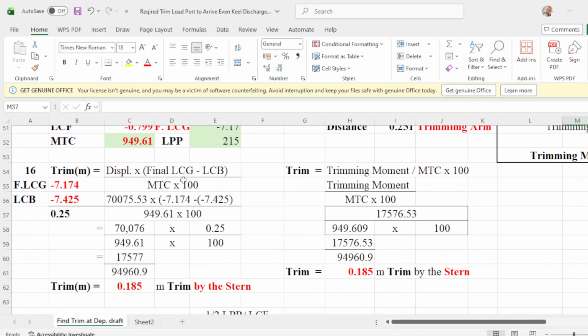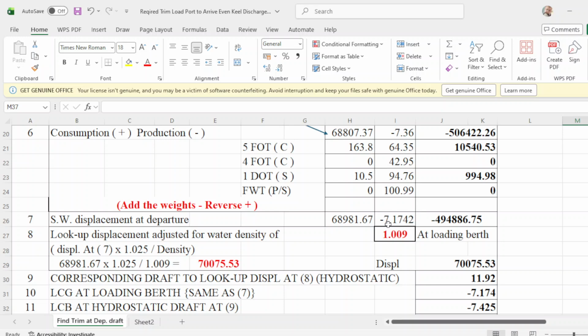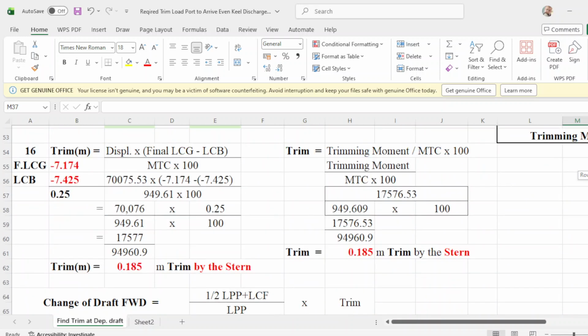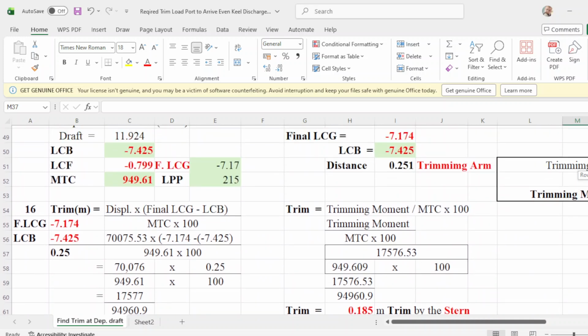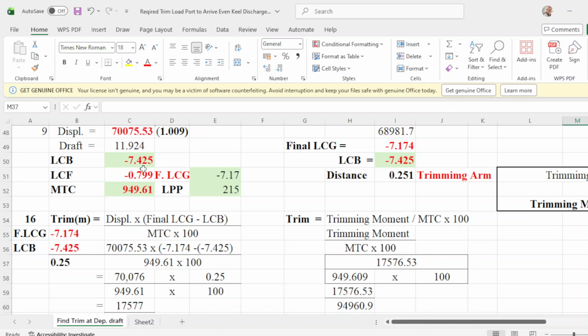Times your final LCG, which is 17.174. Where is that? This one. Your final LCG minus your LCB of negative 7425, which is this one.